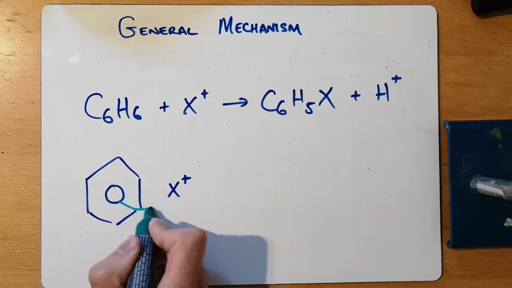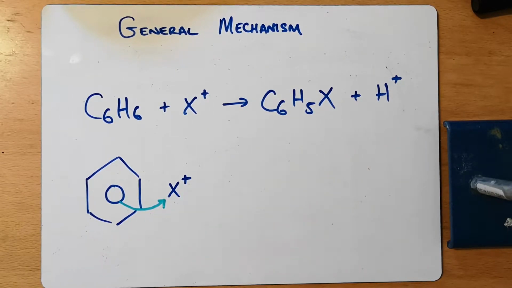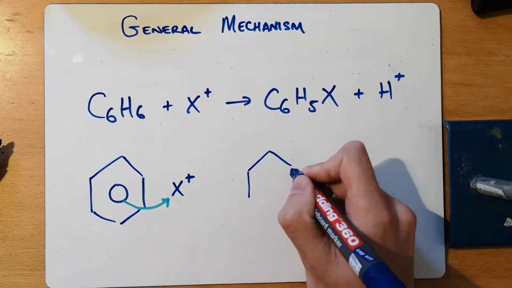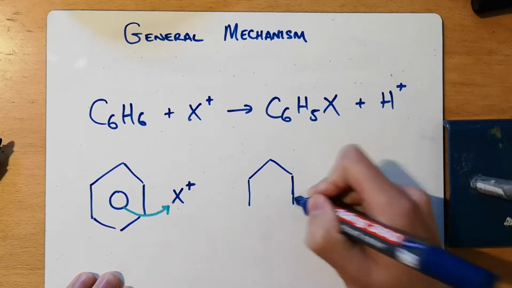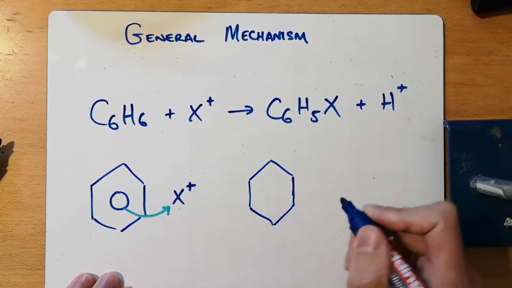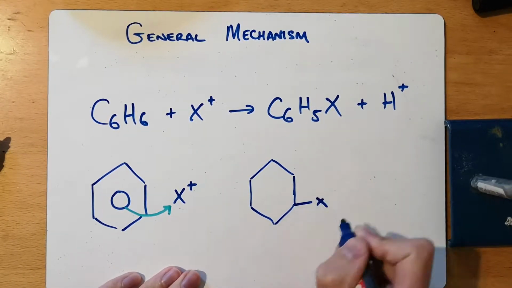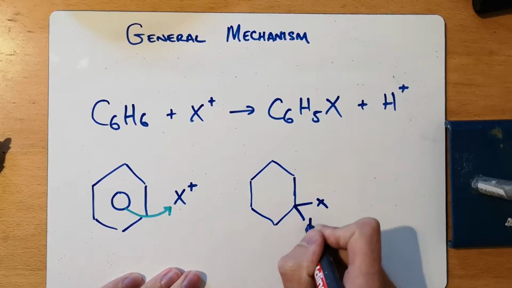Well, a pair of them are going to come out and form a bond with the X plus. And that's going to give us an intermediate. So we'll have our X joined to a carbon and our H joined.